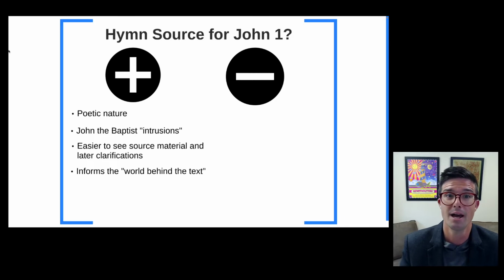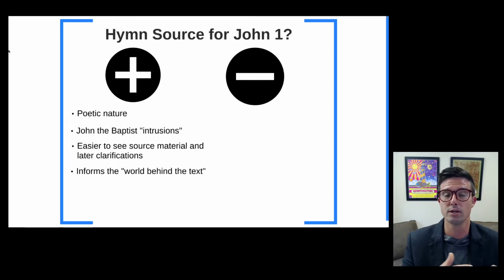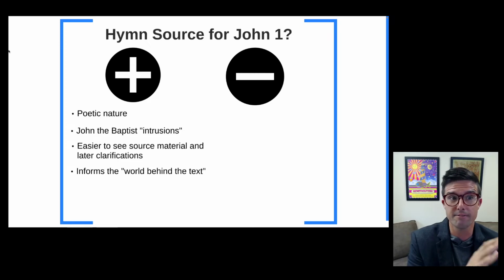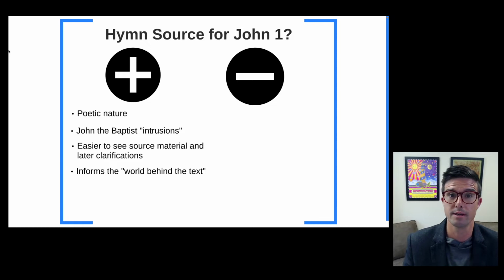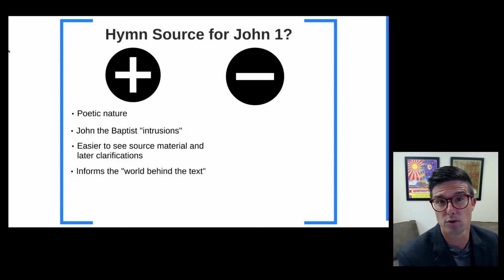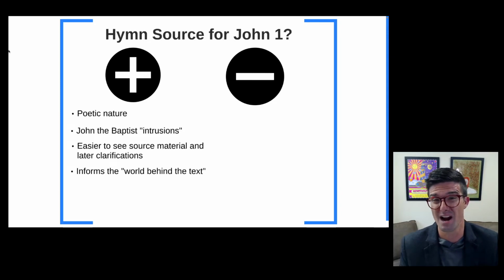And Raymond Brown, as we've mentioned in other previous videos, is one who is going to see different phases of the Johannine community at work, or that the gospel, the fourth gospel, is developing over time based on different social and historical circumstances that the movement is facing. Brown can see this very clearly in the prologue here.